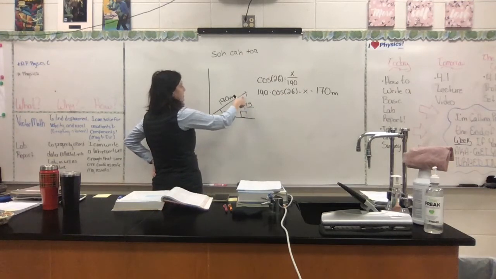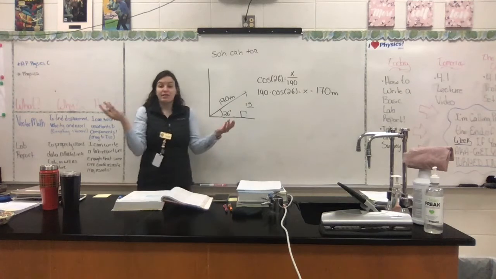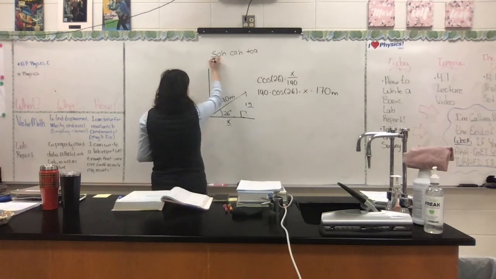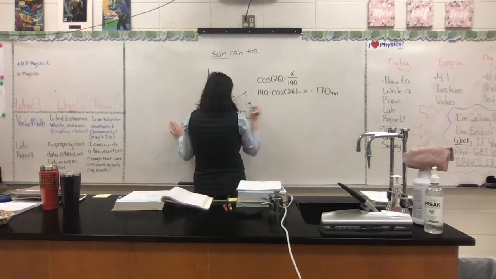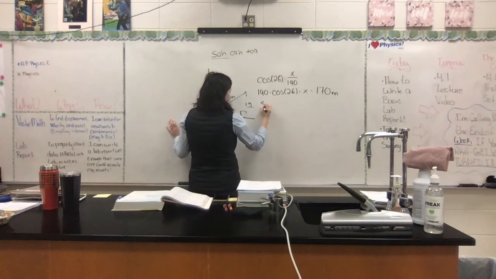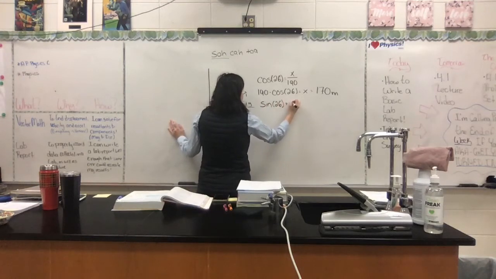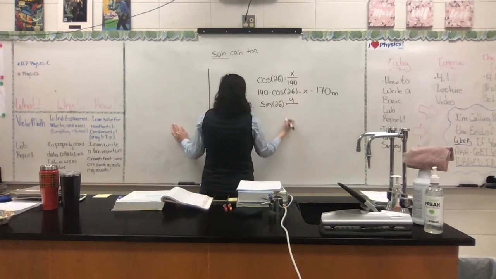Now we need to find the y component, but I don't want to have to worry about solving for this angle. Maybe I forgot how to solve for the third angle in a triangle, okay? That means I'm going to use sine. So the y is opposite, which means sine of 26 is equal to y over 190.